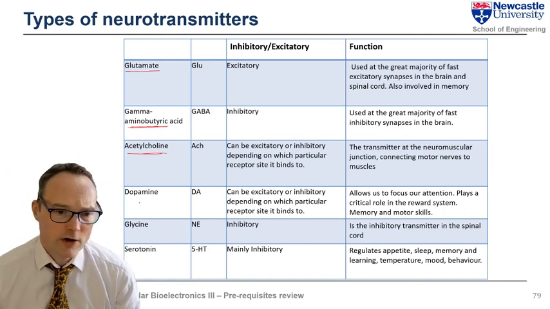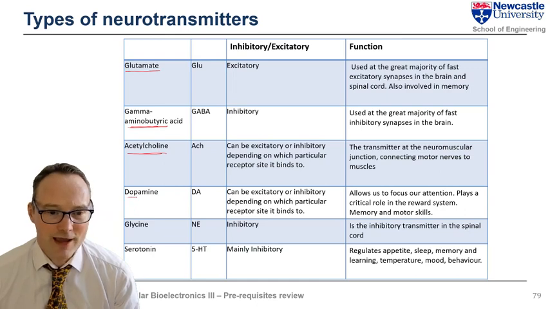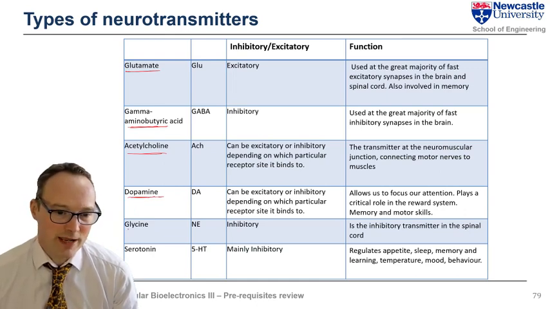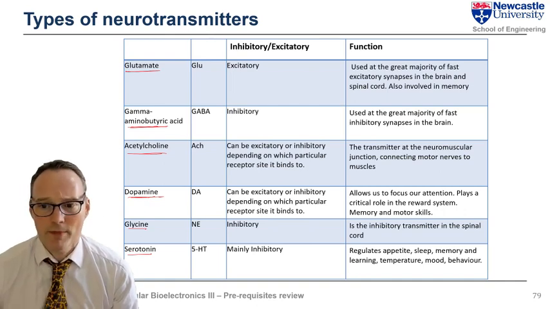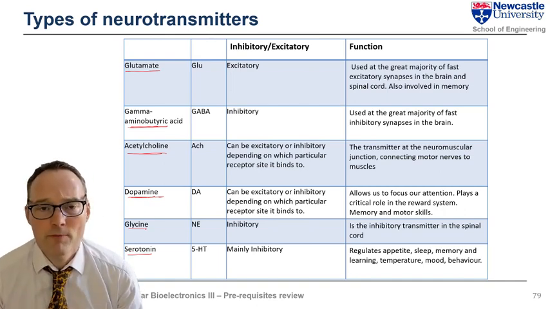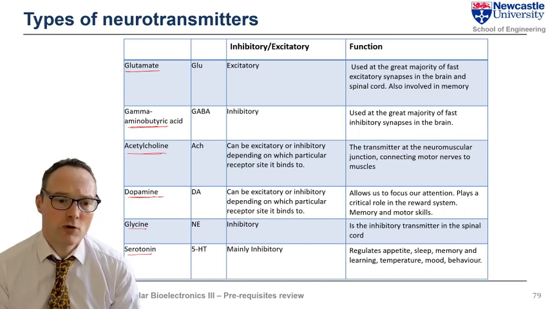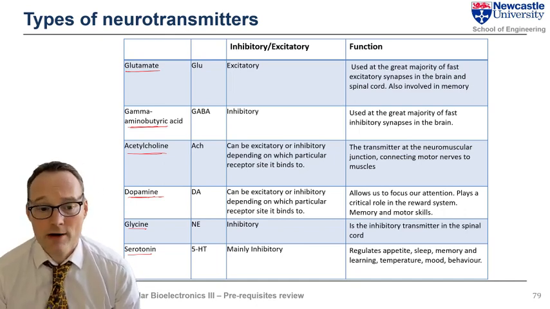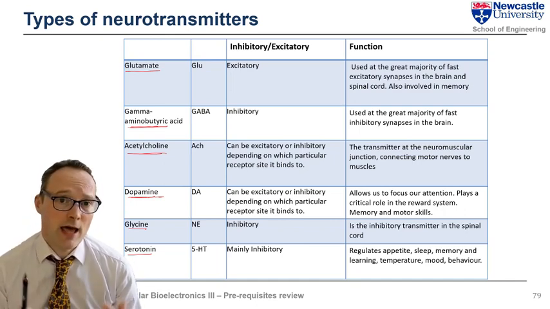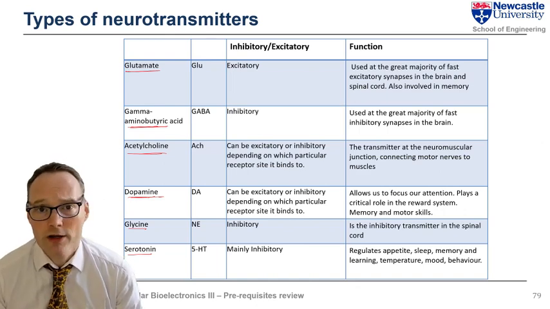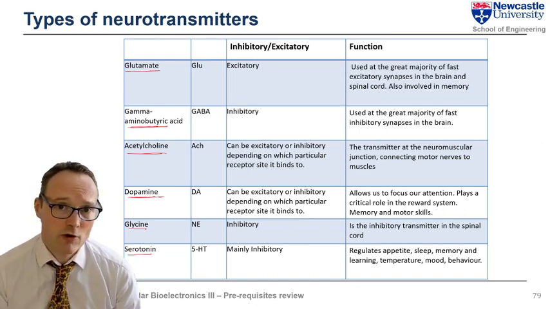And then we've got other neuroactive neurotransmitters: dopamine, glycine, serotonin. Serotonin and dopamine are very important in our mood and our emotions.